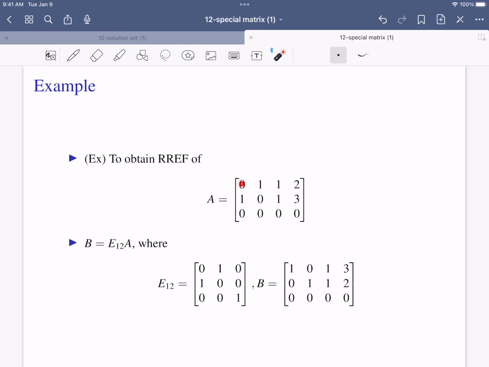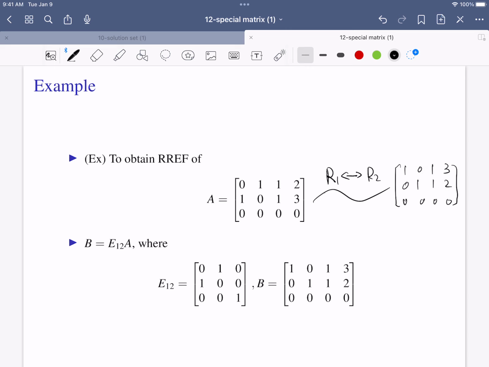I want the first entry to be non-zero, so I want to swap these two, R1 and R2. After we exchange the two rows, we get 0, 0, 0, 0 in the third row, and 1, 0, 1, 3, and 0, 1, 1, 2.